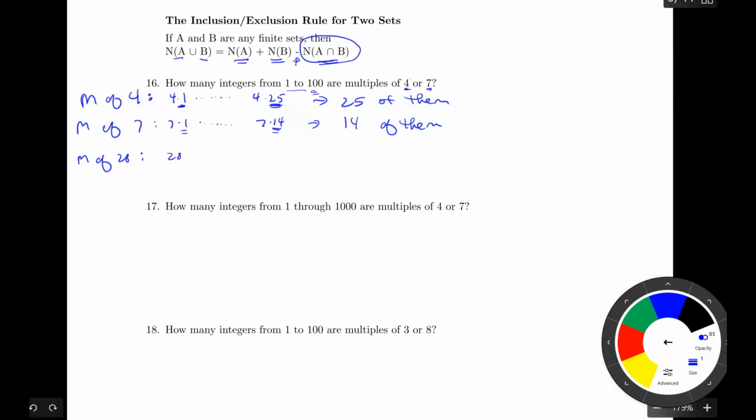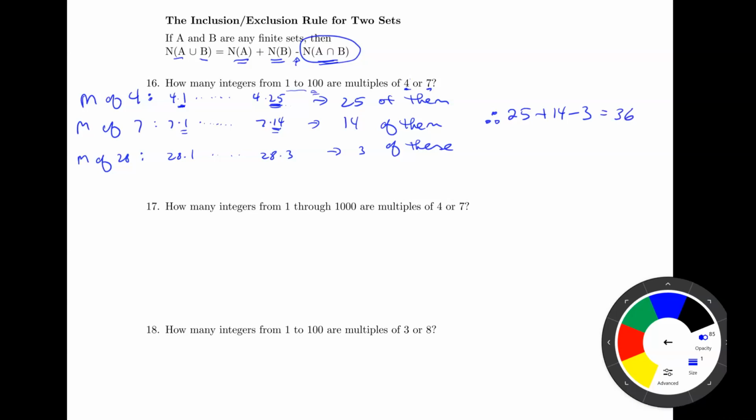So I'll have 28 times 1, and I only go up to 28 times 3, so there's 3 of these. So therefore, I would have 25 plus 14 minus 3, and that would give me 36.